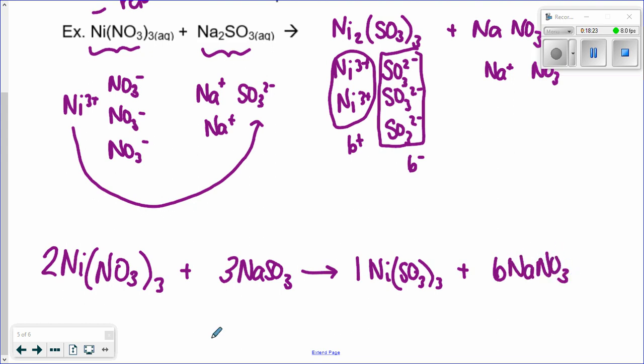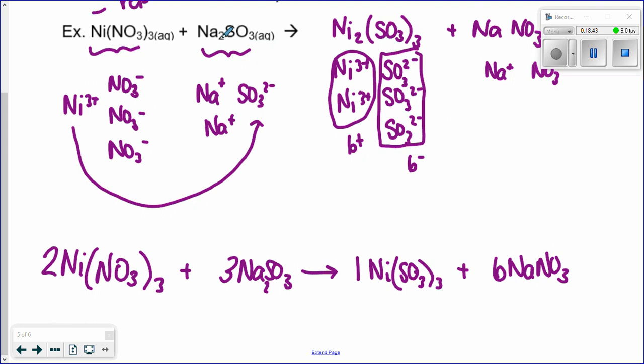So hopefully you balance that out, or we're thinking about it. Double check that the balancing is correct. I found my mistake right away because I was trying to balance it and I saw that that didn't work, but I just forgot to transfer that too. So that's your double replacement reaction.